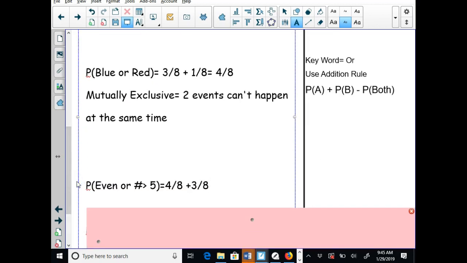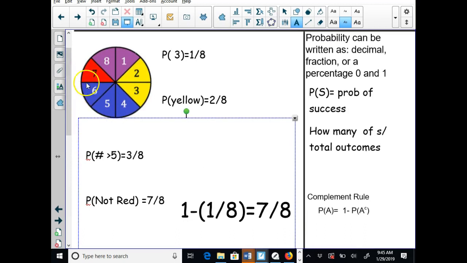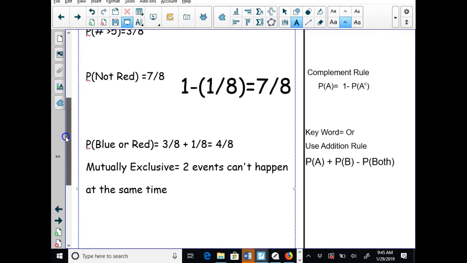3 divided by 8. Now we have to ask ourselves, are there any slots on the spinner where they are greater than 5 and even? So we look and we say, okay, we need a number greater than 5 that is also even. And I have 2 out of 8 that are greater than 5 and also even. So both happening at the same time.